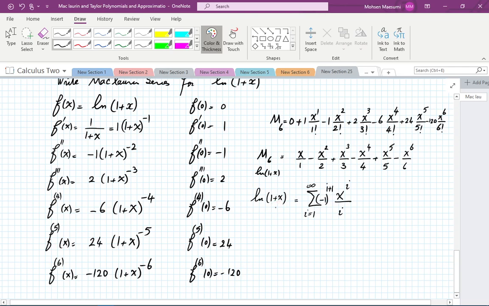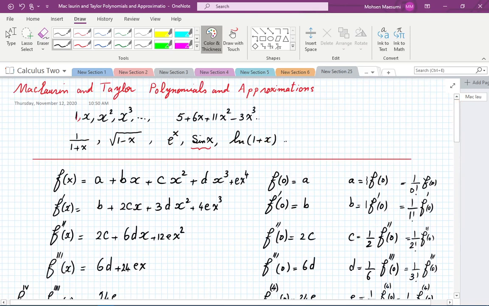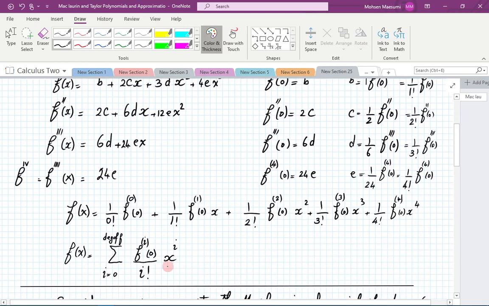Okay, so let's go back and see again what happened. We said we are comfortable with the polynomials. We come across more advanced functions. We want to make them look like polynomials. Well, first we started by taking a polynomial and writing it in terms of its own derivatives. That gave us this idea that a polynomial can be reconstructed from its derivatives.